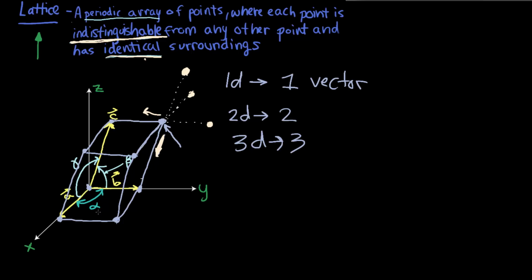The same way that alpha, A, and B could take on different values to form different Bravais lattices, alpha, gamma, beta, A, B, and C can take on different values to form different types of lattices.